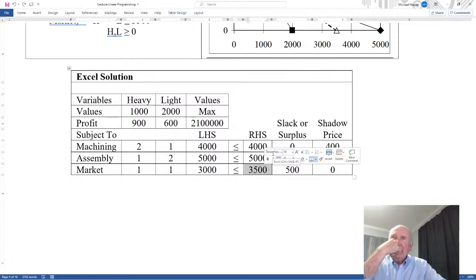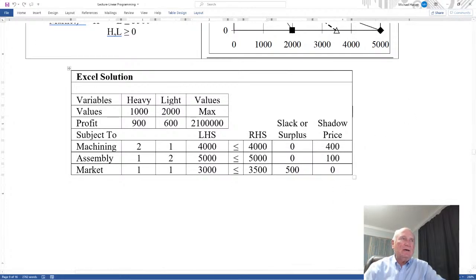And so you say, oh, you mean if you can make more saws, you can sell them and make more money? Yeah, that's what that means. Oh, okay, well, let's do that. Well, you're going to need more machining hours and assembly hours. And the client goes, okay, fine. Here's 100 more hours.